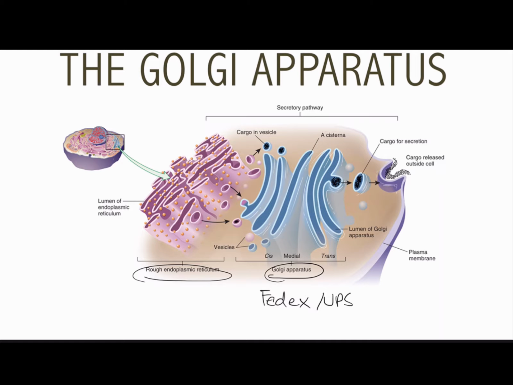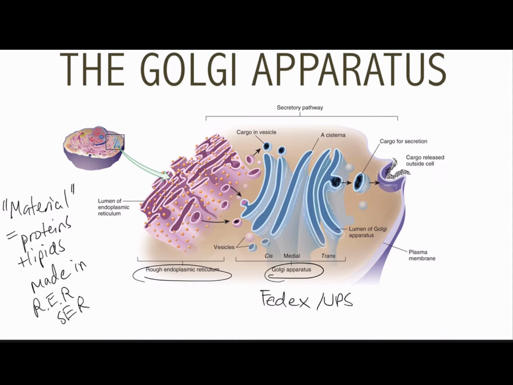So when I say material, what that means is really proteins and lipids that are made in the rough ER and also in the smooth ER.